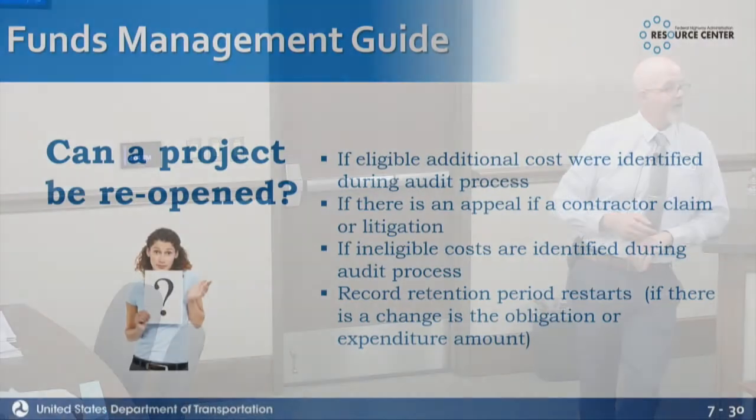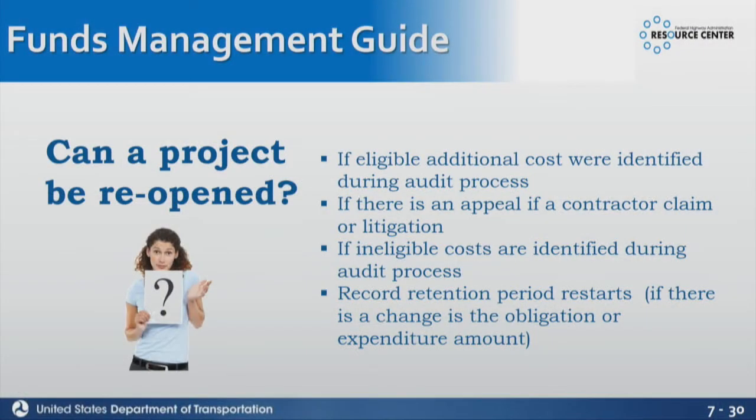We can also reopen it if we were to do a review on a closed project, which we don't do very often, but if we were to identify some improper payment, we can reopen the project, have you pay us back, and then you can readjust it, deobligate, and close it. Oh, and that last bullet, remember, if we reopen a project and then reclose it, your record retention period starts all over from the new date. So just remember that.